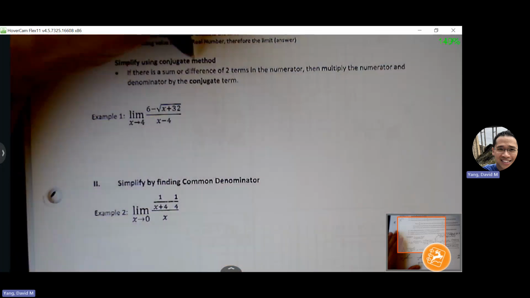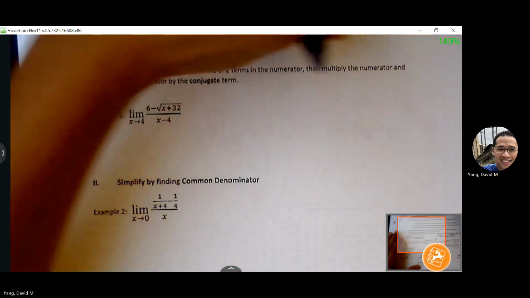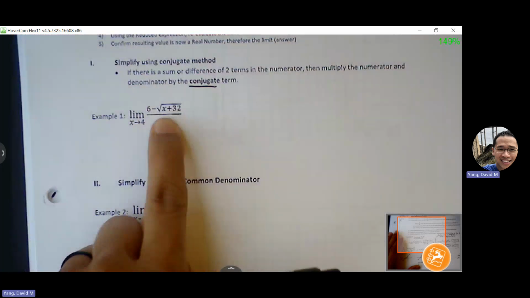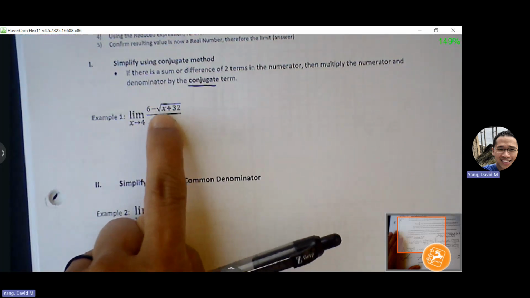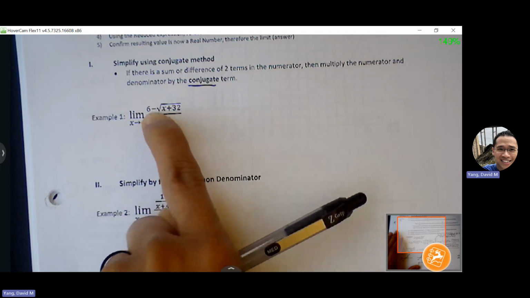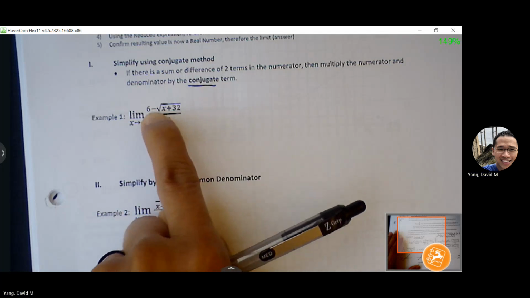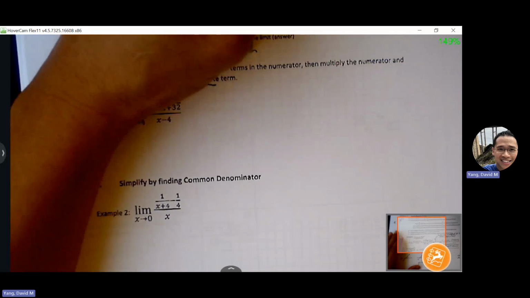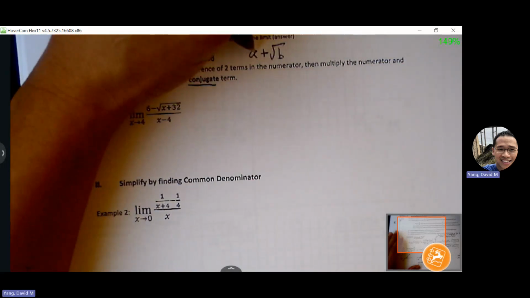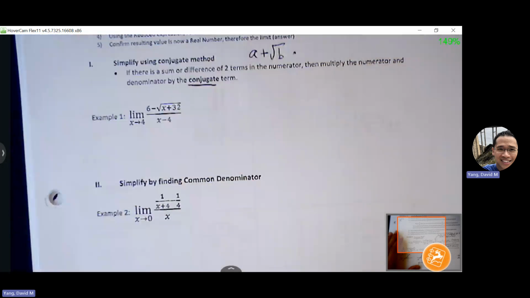So the conjugate is basically the exact same term as what you see with the radical. The only thing that you change is the sign in between. So if I had a plus root b, and I'm trying to find a conjugate for that, it's going to be a minus root b. Okay.